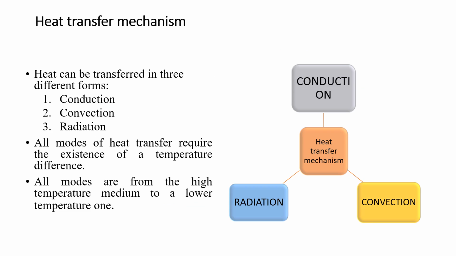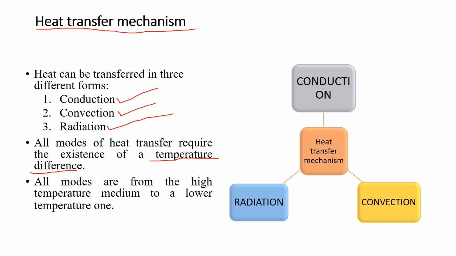With this prior information, let's go to the main topic here, heat transfer mechanisms. Heat can be transferred in three different forms: conduction, convection, and radiation. All the modes of heat transfer require the existence of temperature difference. All the three modes, conduction, convection, radiation, require the existence of temperature difference.